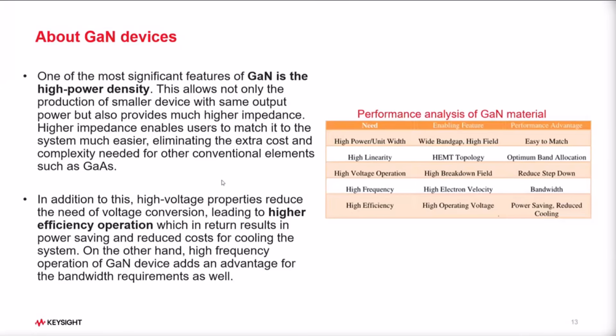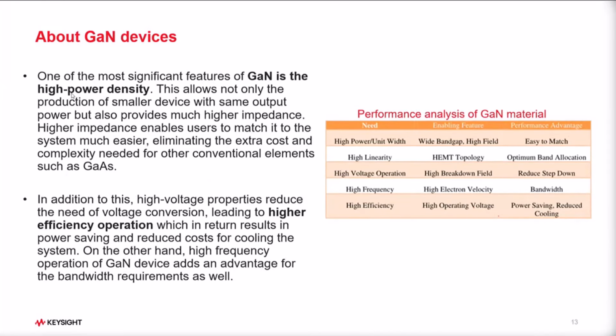All right. So these days, most of the PAs are now shifting to GaN. In the past, it used to be LDMOS. You still have LDMOS there, but GaN is gaining a lot of traction in the last few years. And one of the significant features why people are switching to GaN is the higher power density. While the cost of GaN is still a little bit of concern in certain projects, the advantages of GaN outweigh the cost barrier.